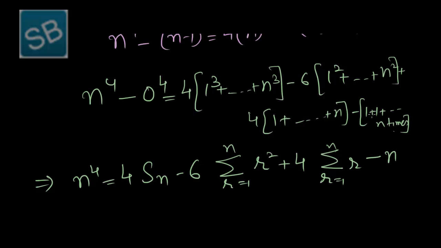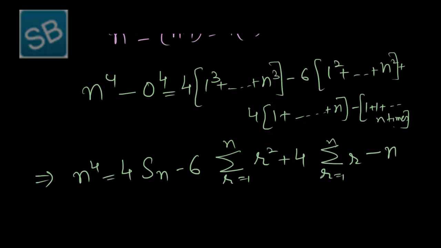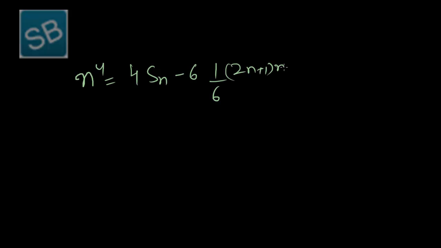So that is n raised to power 4 is equal to 4 into Sn minus 6 into 1 by 6 n into (n plus 1) into (2n plus 1) plus 4 into n(n plus 1) over 2 minus n.